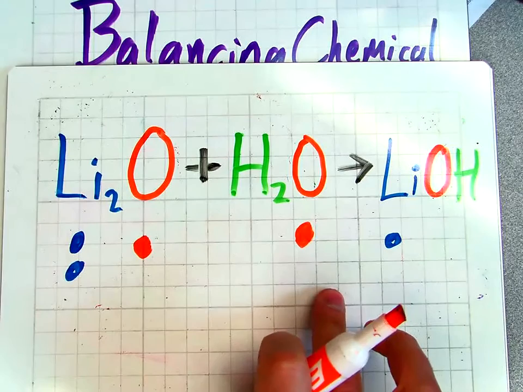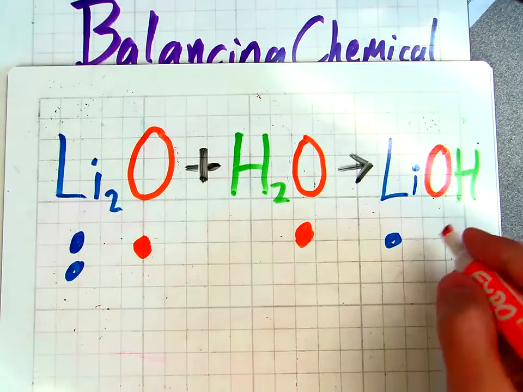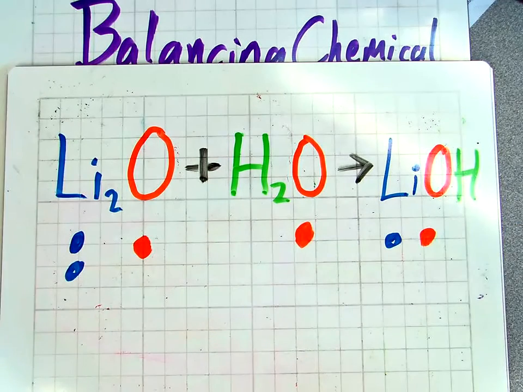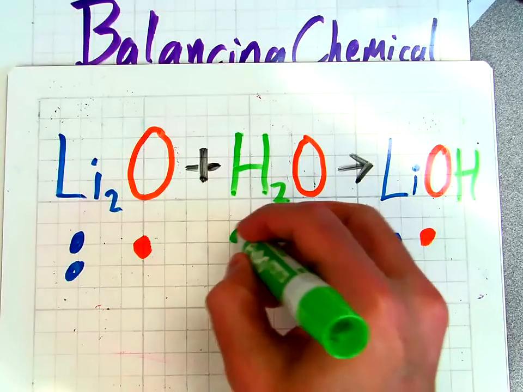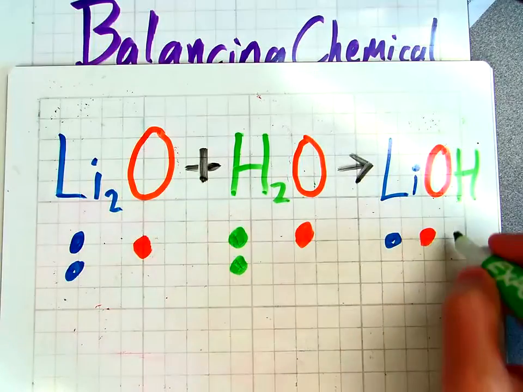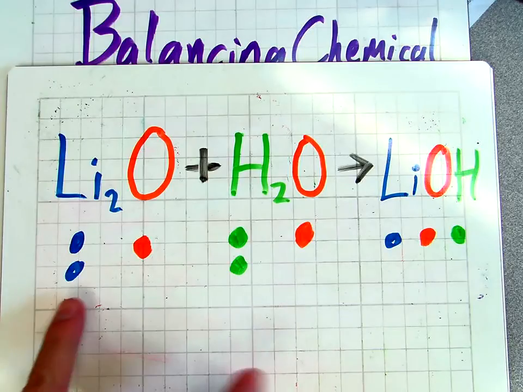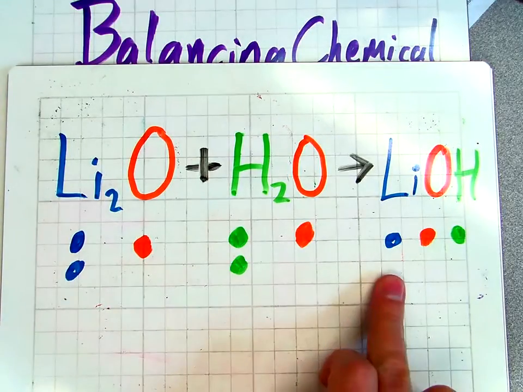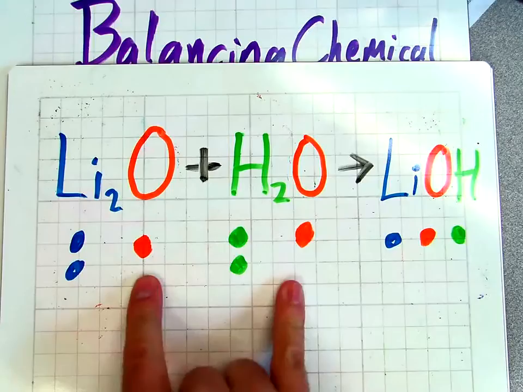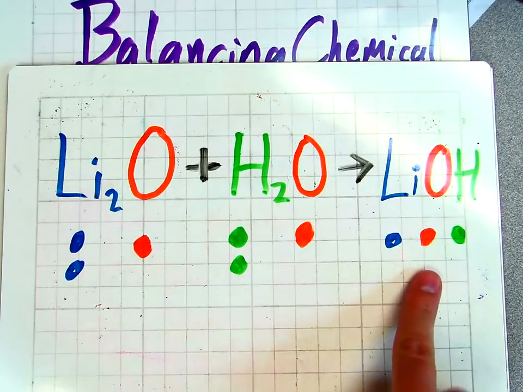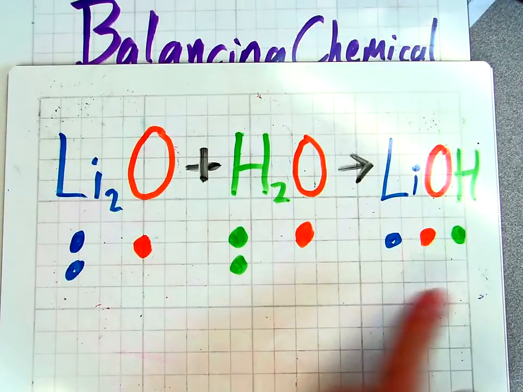So I've got 2 oxygens as my reactants, 1 in my products. And then I've got 2 hydrogen here and only 1 in my products. So real quick, I've got 2 lithium, 1 lithium, 2 oxygen, 1 oxygen, 2 hydrogen, 1 hydrogen.